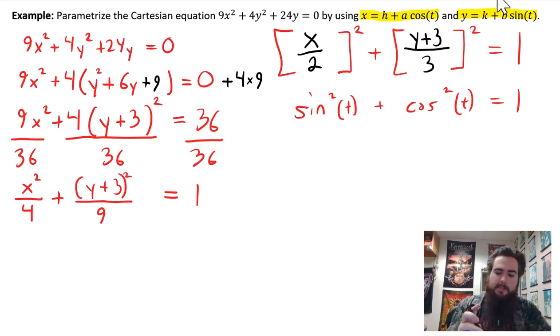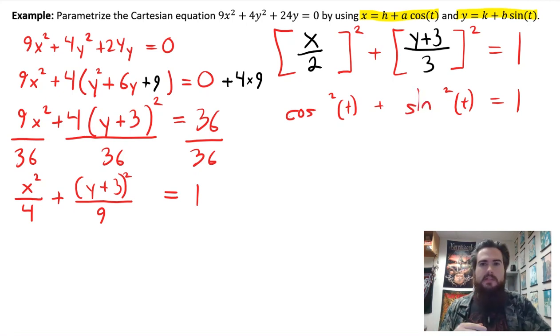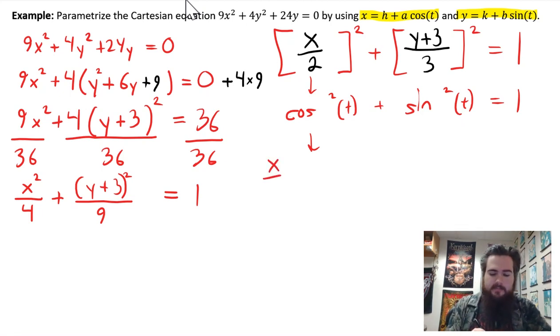You could also think about it as I am rewriting this as cosine squared of t plus sine squared of t. Still works. With that, then, I now have an equation of x over 2 is setting it equal to cosine of t.